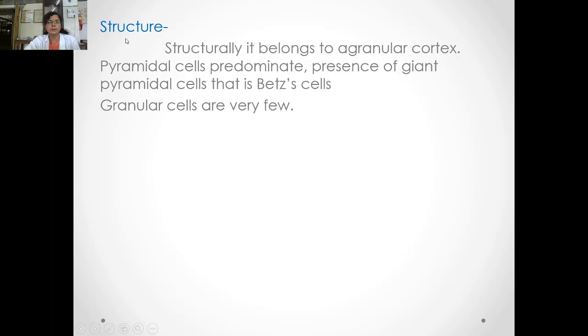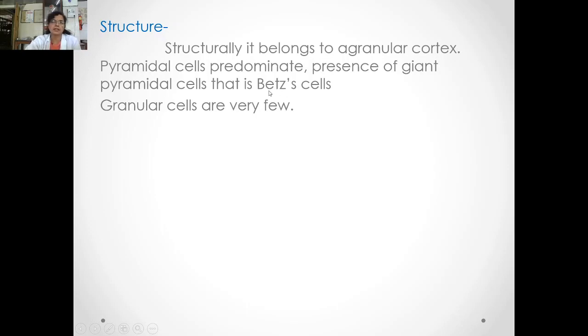So the primary motor area structurally belongs to the agranular cortex. Agranular cortex means the pyramidal cell layers are thicker and the granular cell layers are shallow or thin. These pyramidal cells are predominant, with the presence of giant pyramidal cells called Betz cells. That is the characteristic feature of this primary motor area.